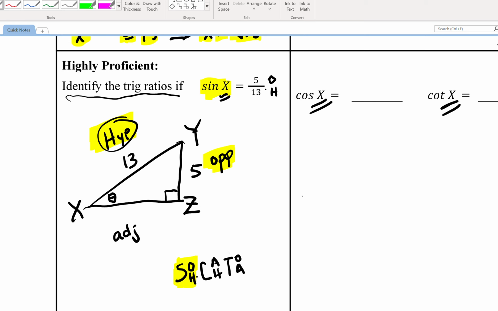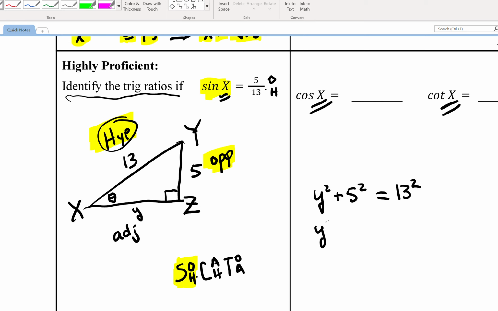So I'm going to go over here and say, we'll call it lowercase y. So y squared plus 5 squared. Remember, those are the two legs. 5 squared plus y squared is equal to 13 squared, the hypotenuse squared.